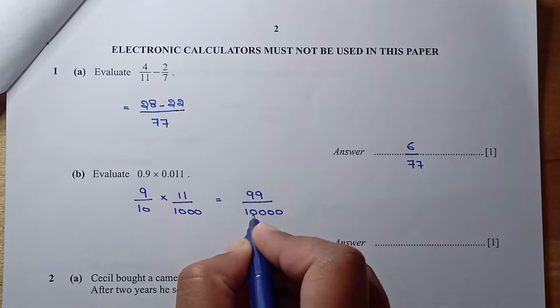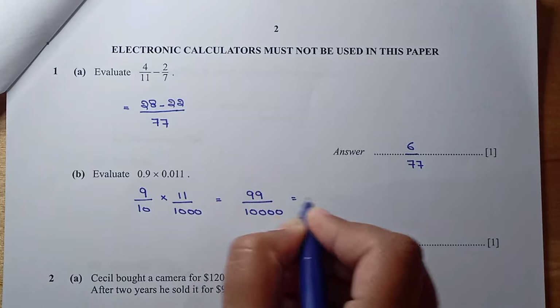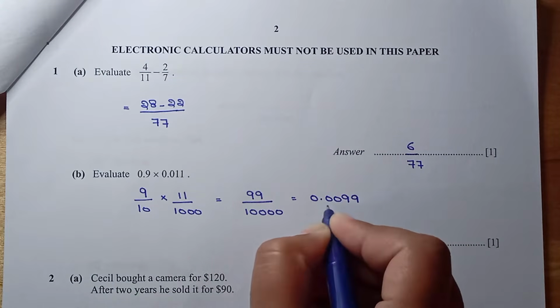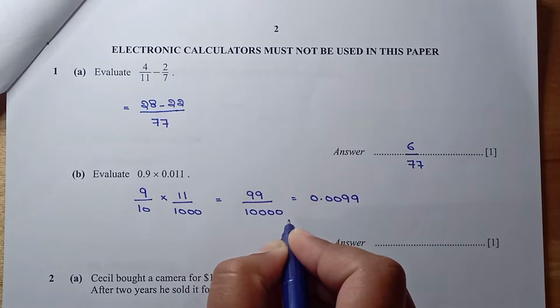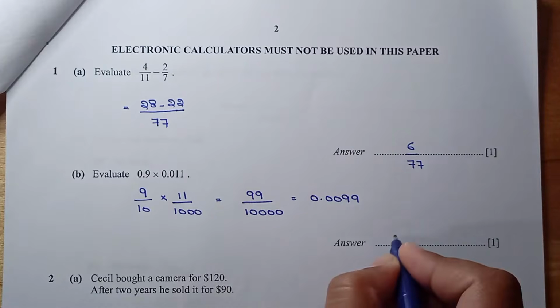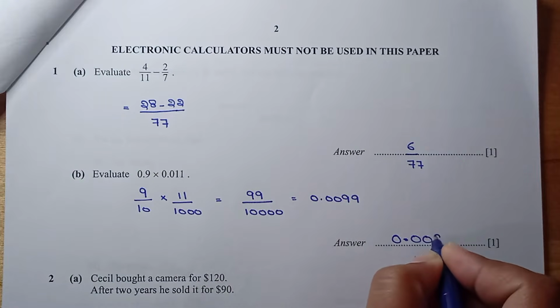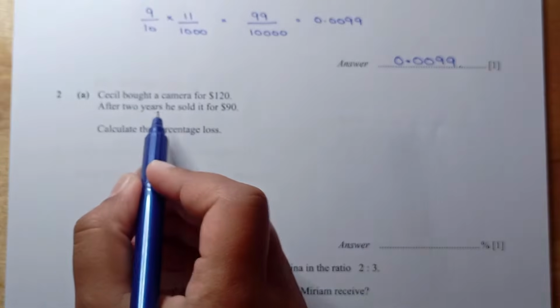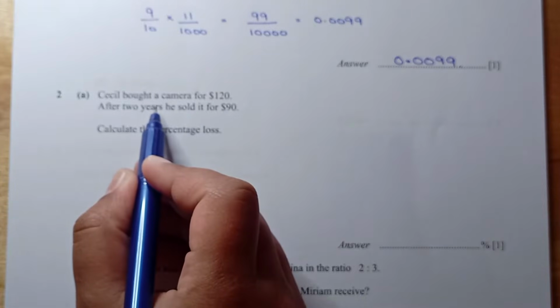The answer has 4 digits after the decimal, because there are 4 zeros in 10,000. So the answer is 0.0099.